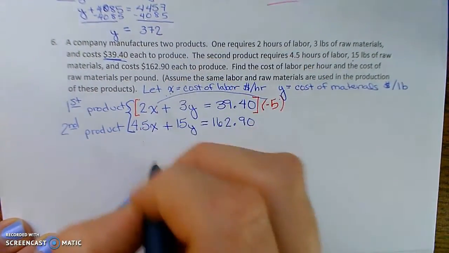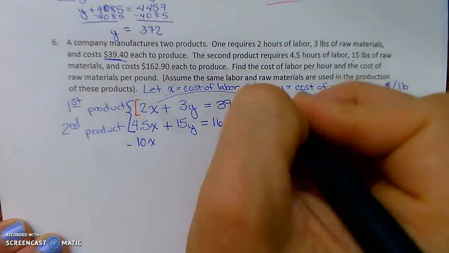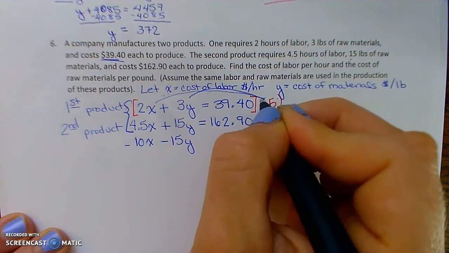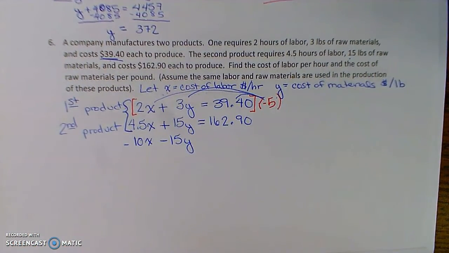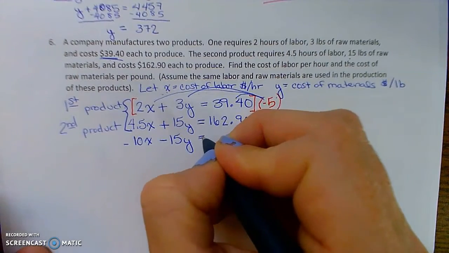So -5 times 2X gives me -10X. -5 times 3Y is -15Y. And -5 times $39.40, I'll use my calculator for that. That's $197.